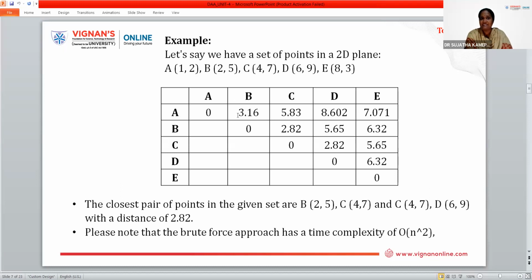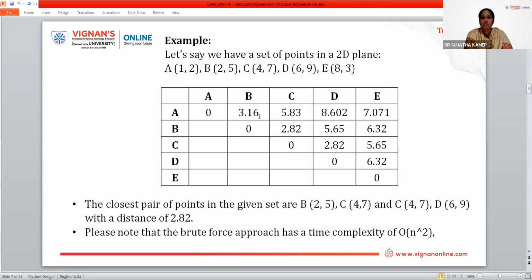Then we get the distance between A and B, which is 3.6. You can see I filled the values of the upper triangle only. The lower triangle is not filled, because the distance of A and B is the same as B and A. The distance of B and C is the same as C and B. That's why I didn't fill the lower triangle.